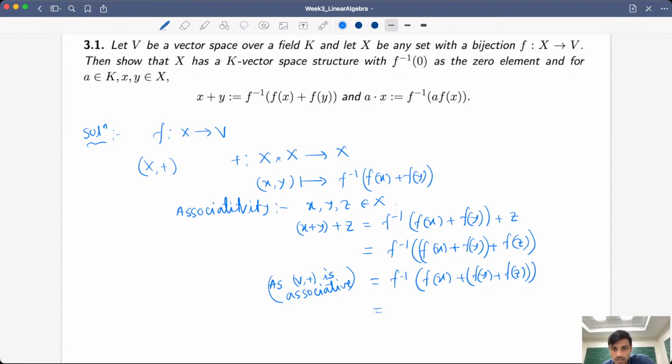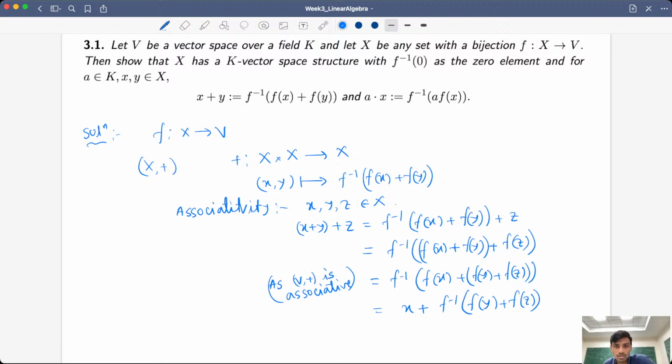That thing I can write as x plus, this plus being the plus defined on X, and then f inverse of fy plus fz, as we did here.